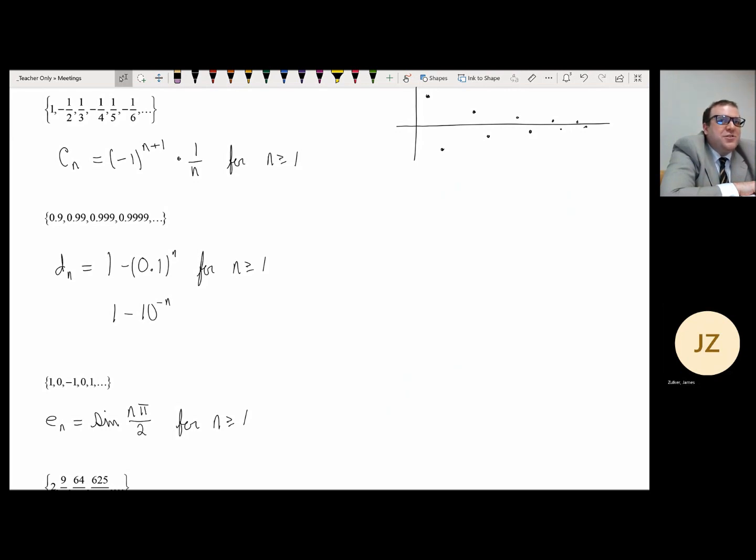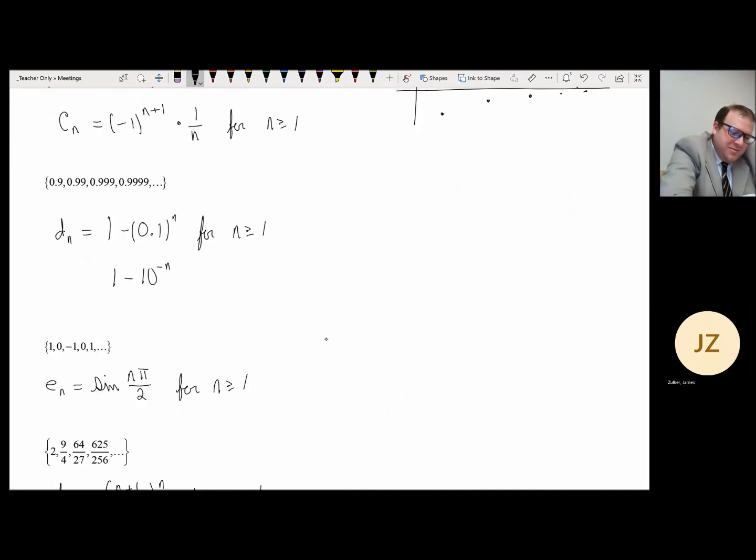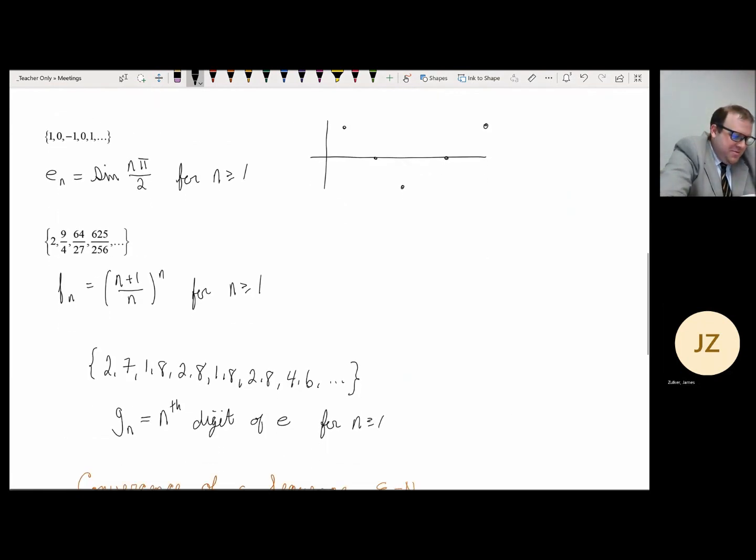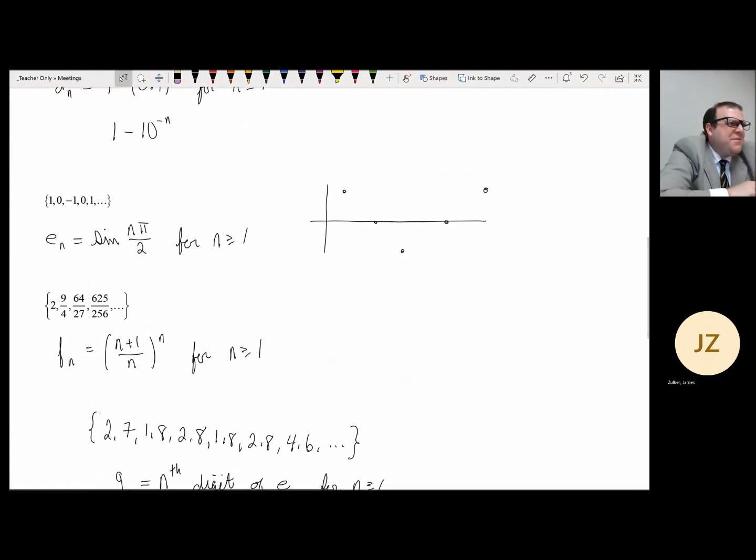It does not converge. And it's going to keep doing that. What about f?